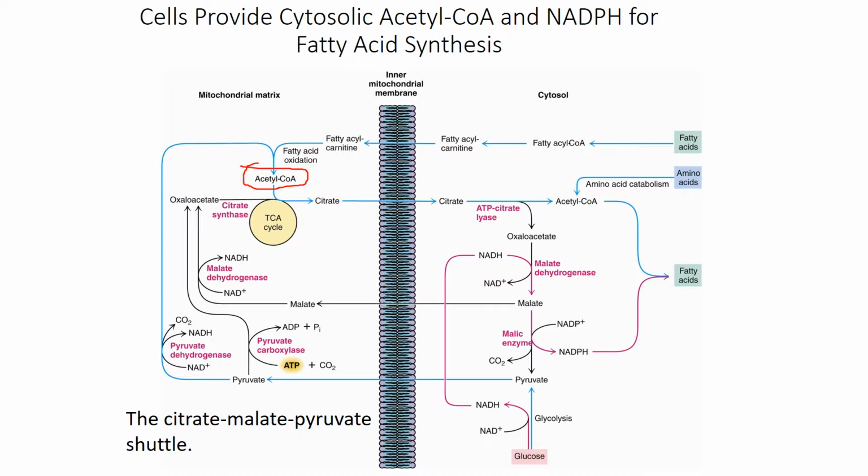You'll notice there are blue arrows and red arrows on this figure. The red pathways provide electrons for fatty acid synthesis. So here we see the generation of NADPH. Remember, this is often involved in synthesis reactions, so that is the fuel with respect to electrons.